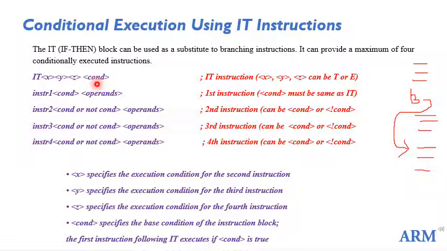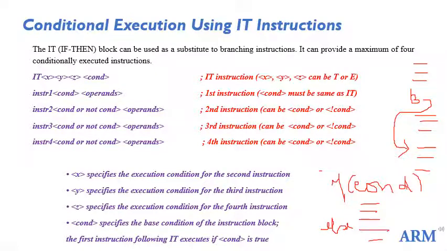Now following that IT instruction is instruction 1. In the C program, when you execute the if then construct, if the condition is satisfied, then immediately following that statement will be the if block, the instruction to be executed if the condition in the if statement is satisfied.